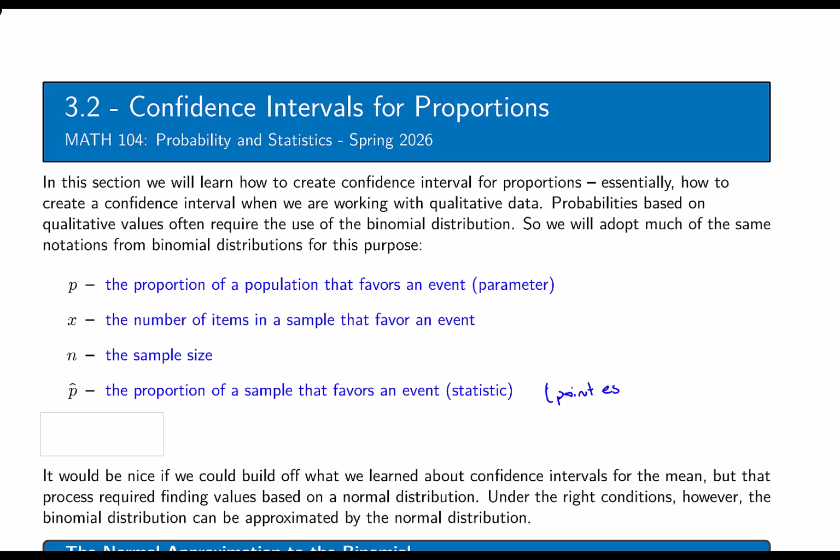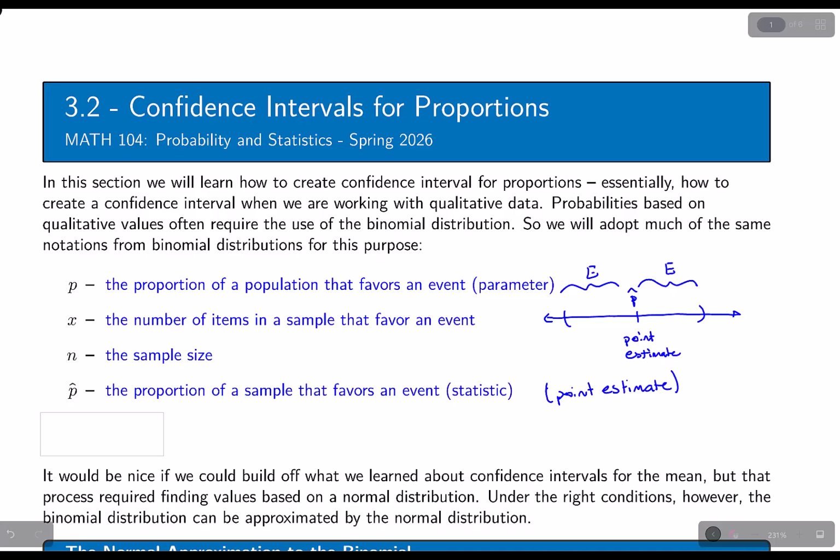Recall that when we create a confidence interval, we have a center value, which is our point estimate. And in this case, the point estimate is P hat. And then we couple that with a margin of error. So this distance out to the outer endpoints of our interval here is our margin of error. And together that creates our confidence interval.